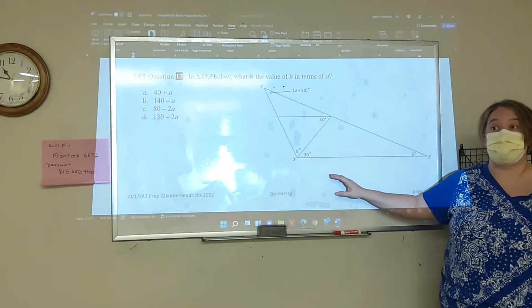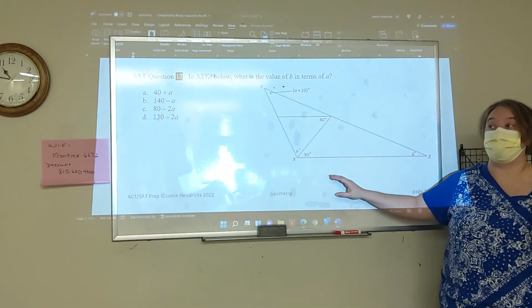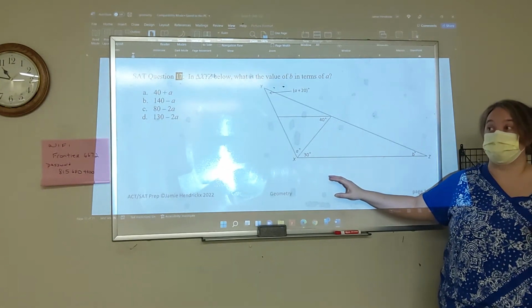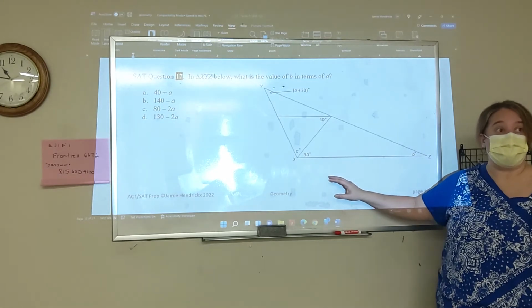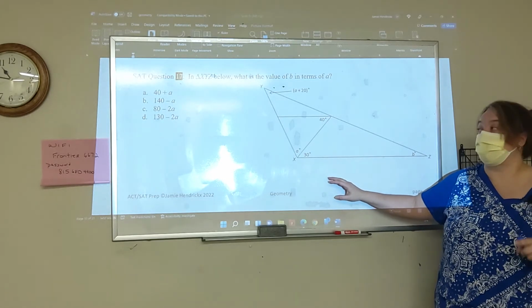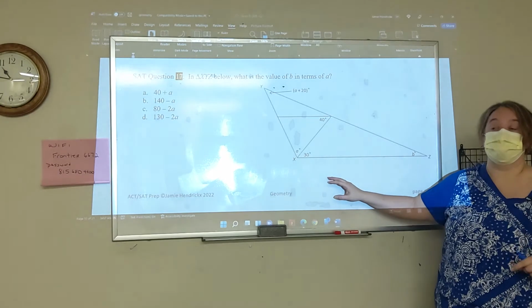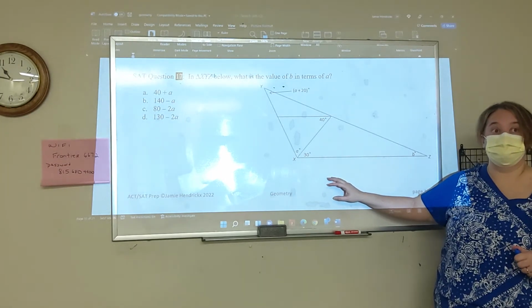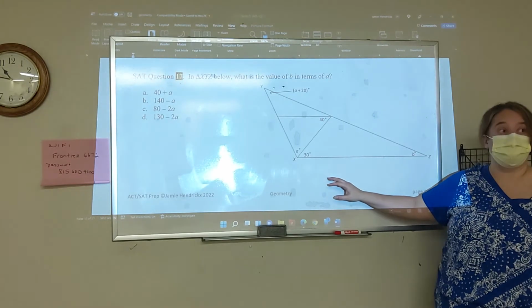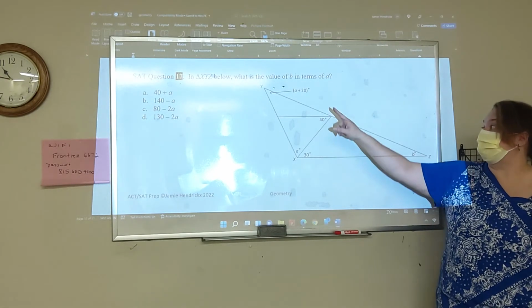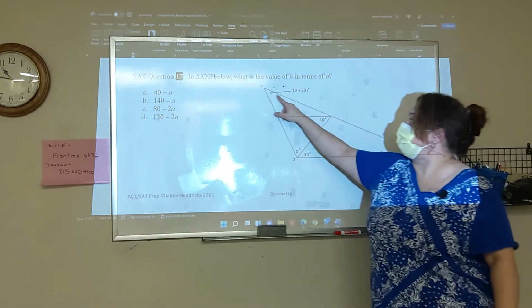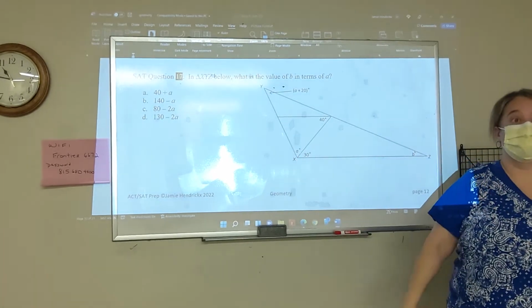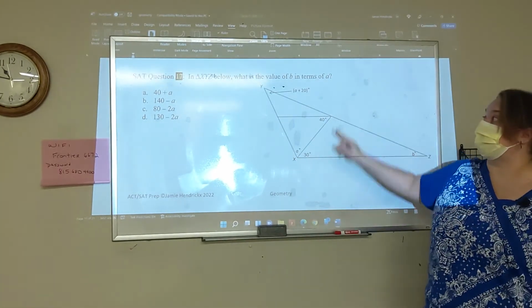By know the most about, I mean which one does not have any blanks in its angles. I don't care if it has letters. I don't want blanks. So which triangle has no blanks in its angles? XYZ, the big one. The big triangle, the outside triangle, is the one that doesn't have any blanks in its angles. That's the triangle I want to use to solve this problem.